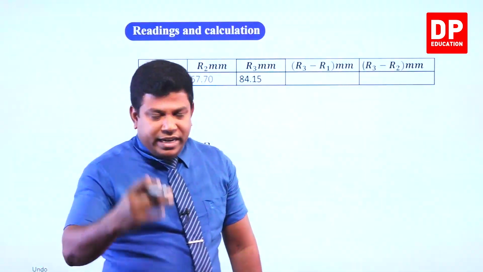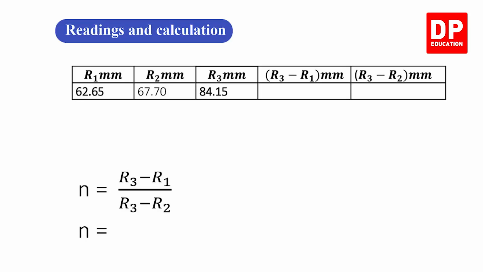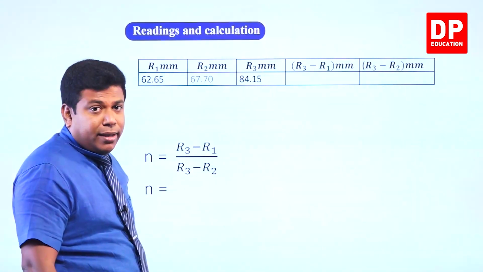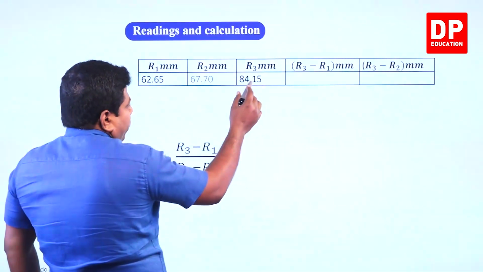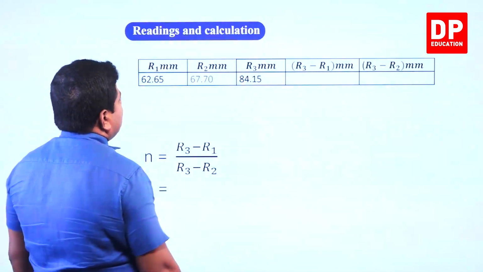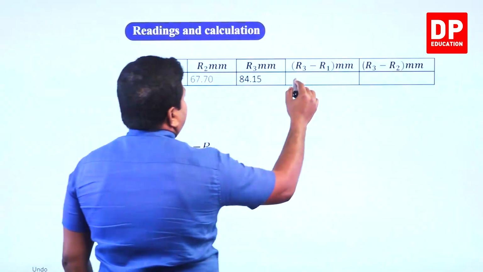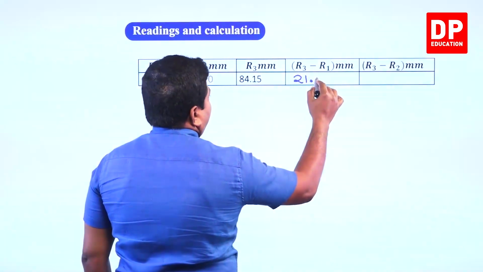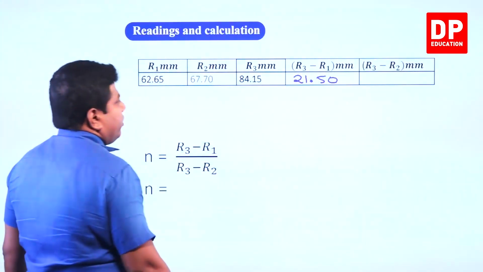So with water, the readings we have got are R1 62.65, R2 67.70, R3 84.15 millimeters. We need to get R3 minus R1 to get the real depth. R3 minus R1, 84.15 minus 62.65 will be 21.50 millimeters.